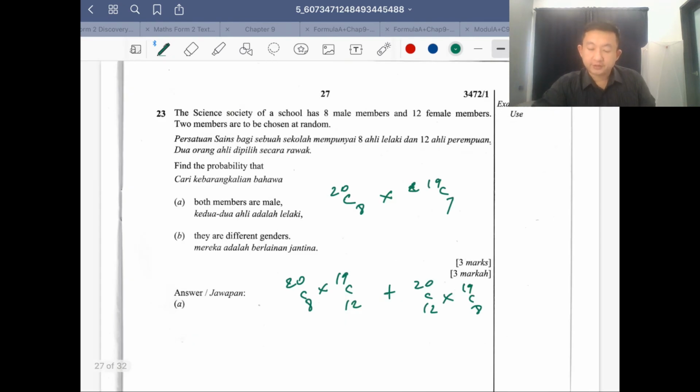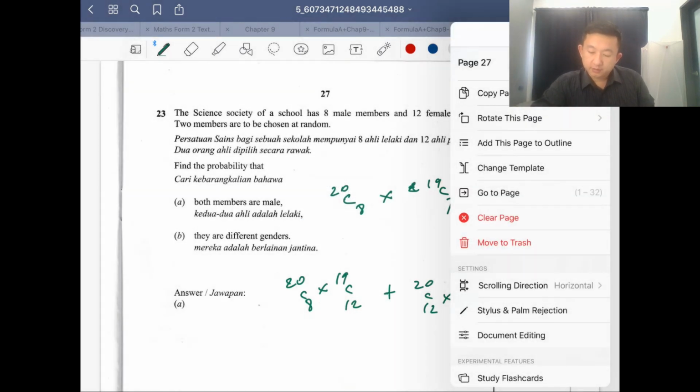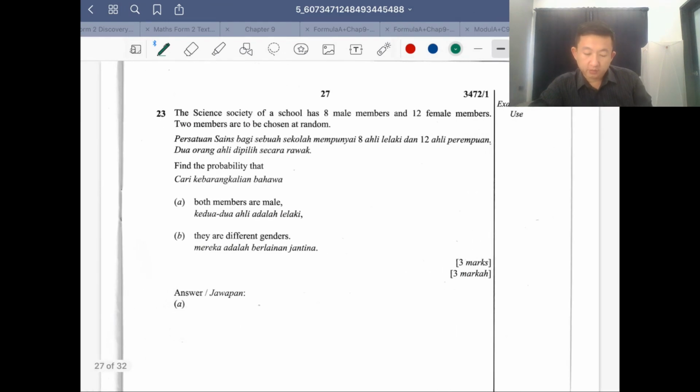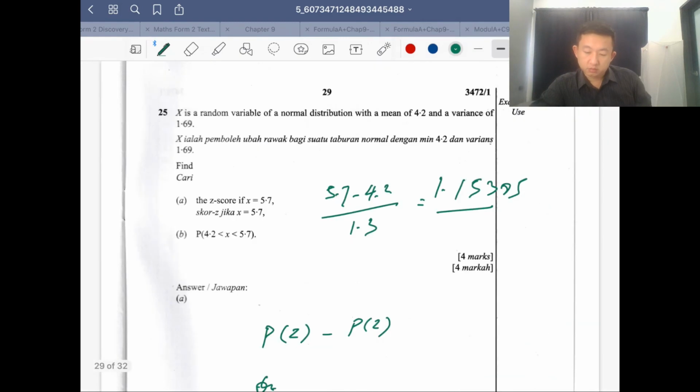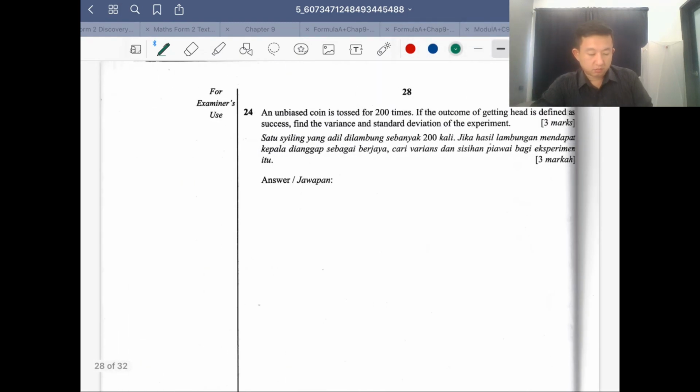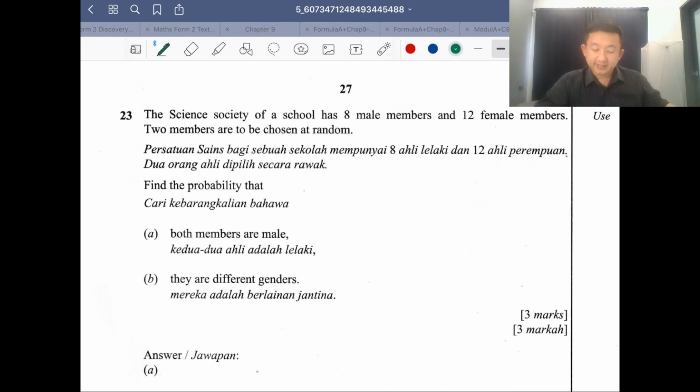23. Oh, this is probability. Let me have a look. A society of a school has 8 male members and 12 female members. 2 members are to be chosen at random. Both members are male. Okay, straightforward. For the first time, the chance of getting a male member is 8 out of 20.